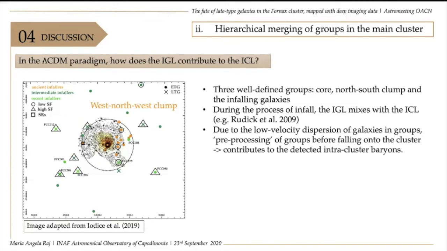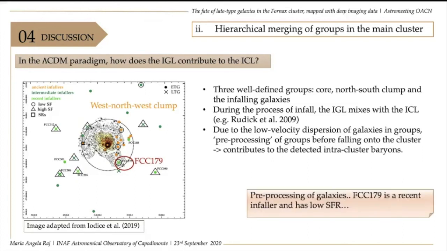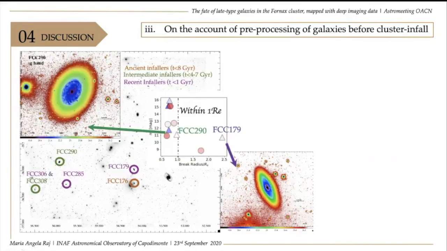So speaking of pre-processing, let's see if any of our galaxies has undergone pre-processing. Here is FCC 179. It's a recent infaller and has low star formation. Additionally, this galaxy has the break radius located beyond one effective radius.